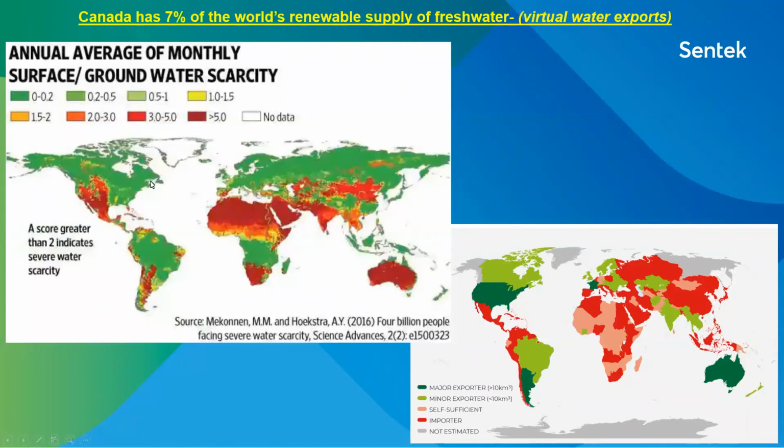And the seasonal variability of water availability in Canada is also starting to become quite visible on a global scenario, where you can see here in the southwestern area of Canada, which coincides with parts of the Great Plains of the U.S., in regards to water scarcity. And then as you see, the global demand of net importers of virtual water here on the bottom right.